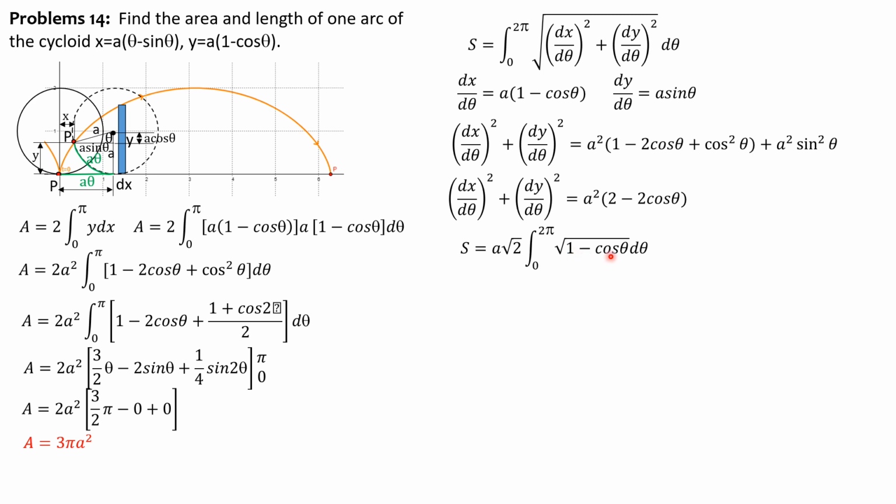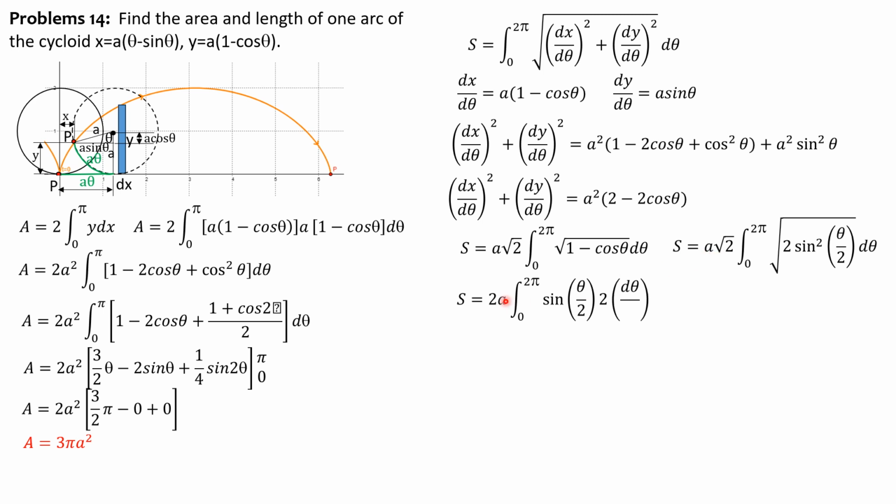So this has an identity which is 2 sine squared theta over 2. So s is a square root of 2 times the integral from 0 to 2 pi of 2 sine squared theta over 2 d theta. Simplifying, s is square root of 2 times square root of 2, so 2 times a, the integral of sine theta over 2 times d theta.